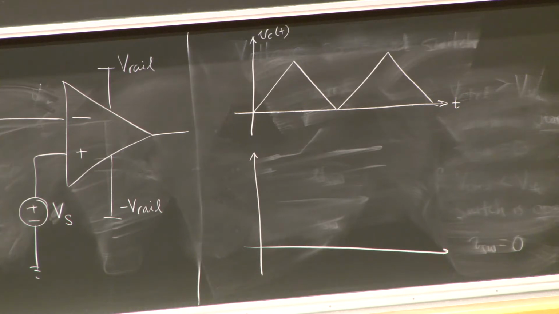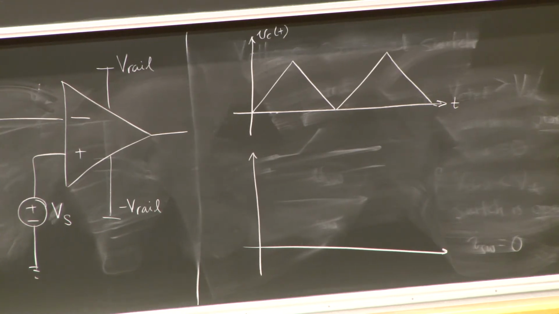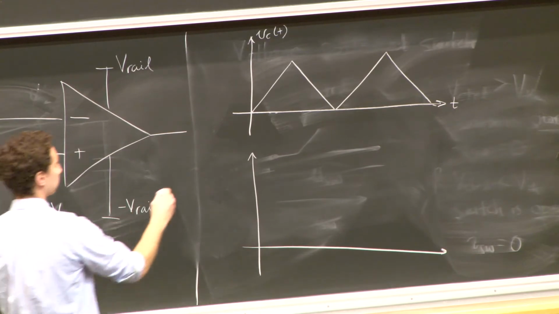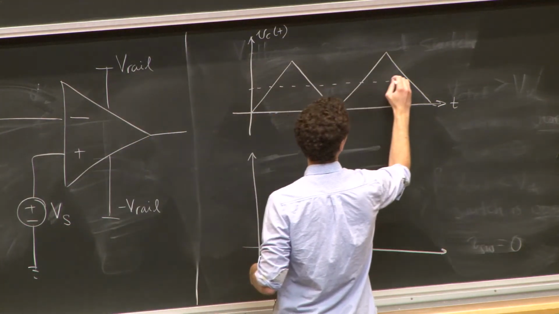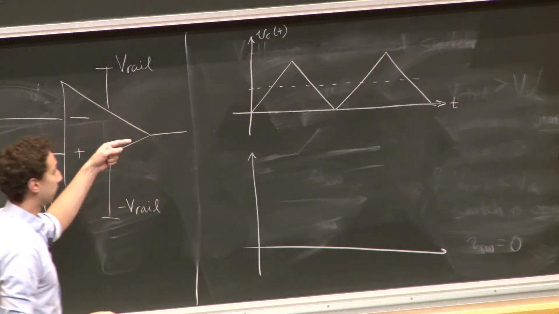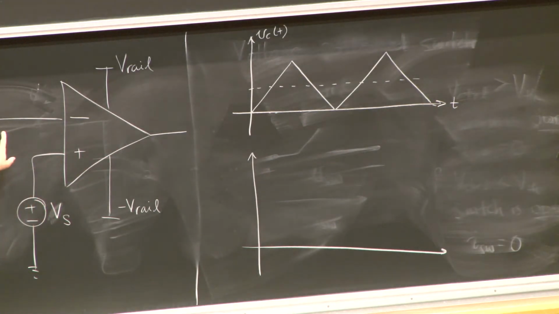Yeah? We want it to be about halfway, right? Or in this case, exactly halfway. So if it's exactly halfway, right down the middle, the output of this, I'll draw it over here as well. If my capacitor voltage is below this source voltage, excuse me, not the threshold, then the output will be the positive rail, okay?